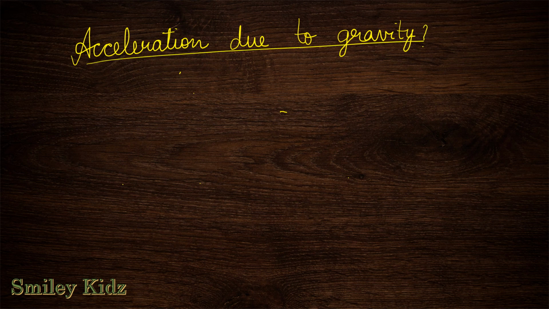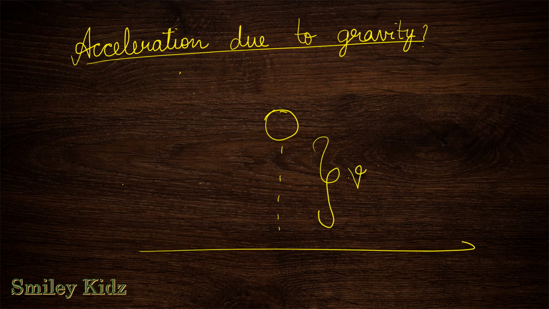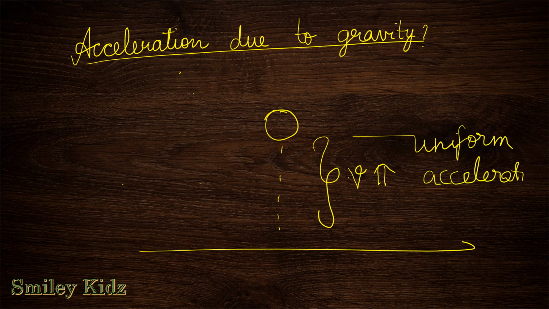Now let's consider an object. When an object is dropped from a certain height, its velocity increases at a constant rate. In other words, we can see that when an object is dropped from a certain height, a uniform acceleration is produced. By whom?